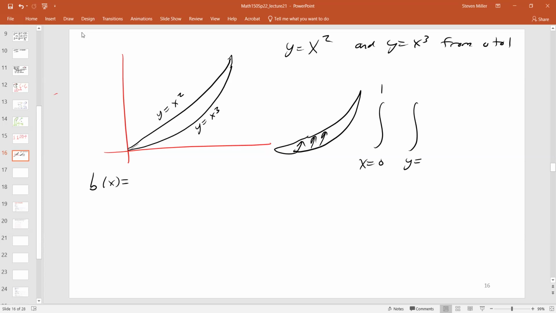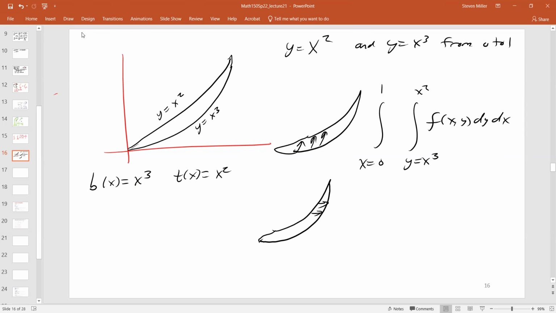What's the bottom curve? X cubed. And what's the top curve going to be? It's going to be x squared. f of x, y, dy, dx. And now we just have to do the integration. So depending on what function I give you, we then just go through and we try to do it. We could, of course, try to do it the other way.